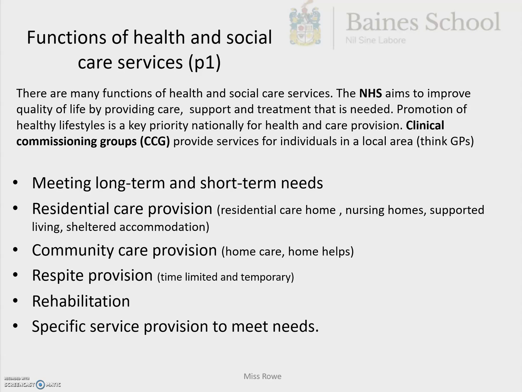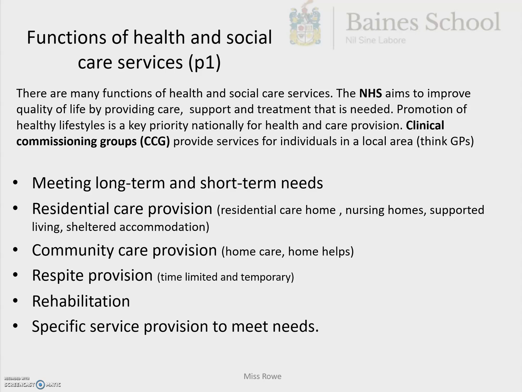Supported living. This is normally where individuals live independently in their home, but they are provided with support. For example, someone with a learning disability can live independently in a supported living flat, but receive help with money management, household tasks, and making healthy choices, like cooking meals and dietary reasons.